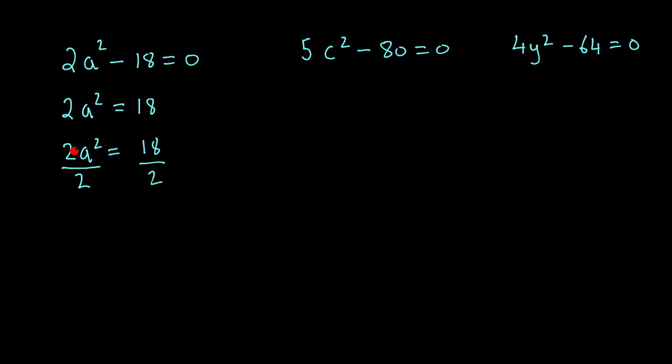That will be the coefficient in front of the a squared, and that would give me a squared is equal to 9. Now if I take the square root of both sides, so if I take the square root of a squared and square root of 9, that would give me a is equal to plus or minus 3.